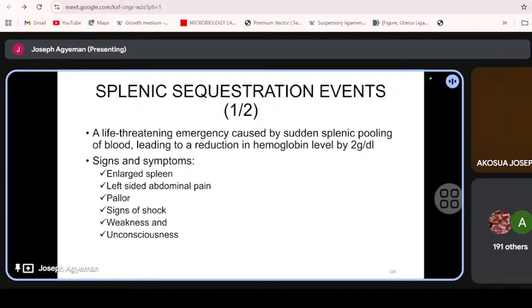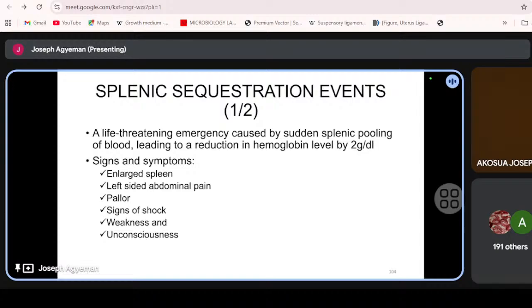Once the patient is at risk of infections, it is very easy for that individual to get parvovirus B19 infection. This virus can cause massive damage to your bone marrow, contributing to the problem of aplastic event.